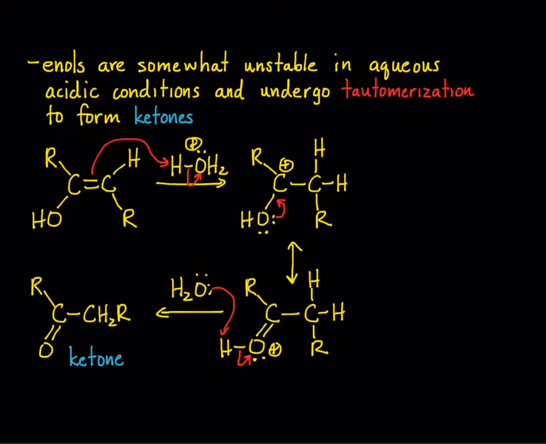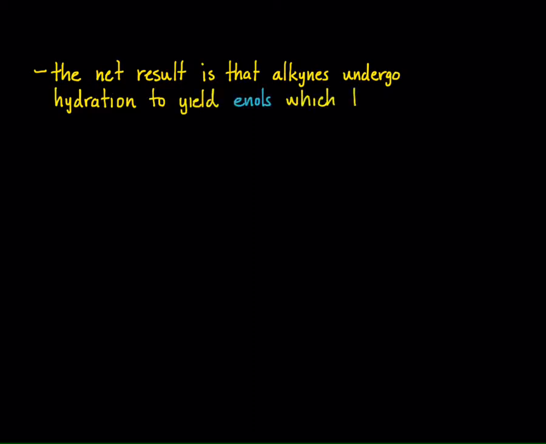Now, the net result then of the hydration of an alkyne is that alkynes hydrate to yield enols, but they don't then further react to form geminal diols like you would expect in a hydrohalogenation. Instead, the enol tautomerizes to give ketones.